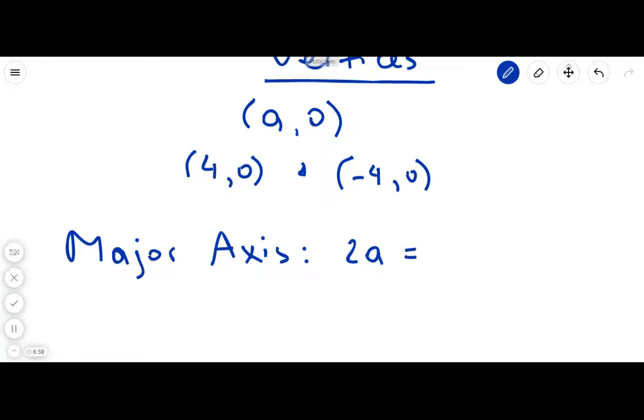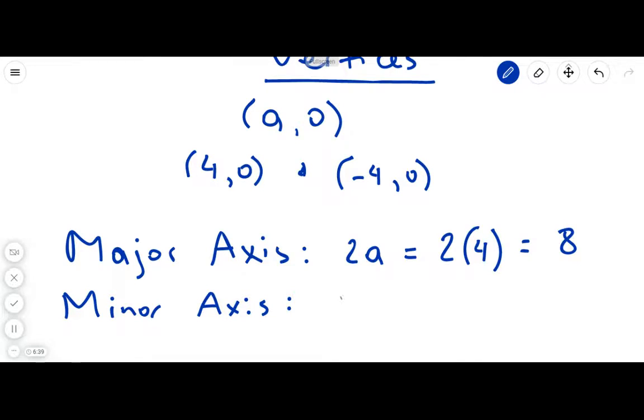So in this case, we have 2 times 4, and we know the length of our major axis is 8. And then for our minor axis, the formula is 2 times b, which equals 2 times 2, which equals 4.